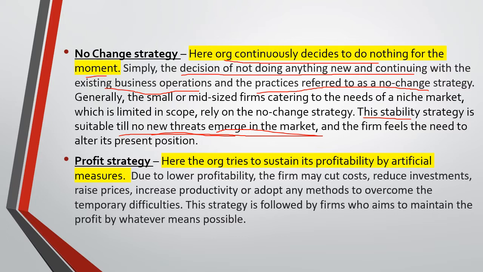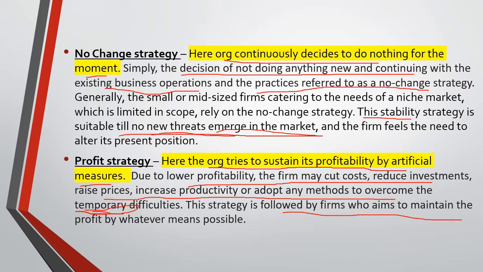Next comes the profit strategy. Here the organization tries to sustain its profitability by artificial measures. Due to lower profitability, the firm may cut costs, reduce investments, raise prices, increase productivity, or adopt any method to overcome the temporary difficulties. Remember, this is temporary. This strategy is followed by firms who maintain profit by whatever means possible.